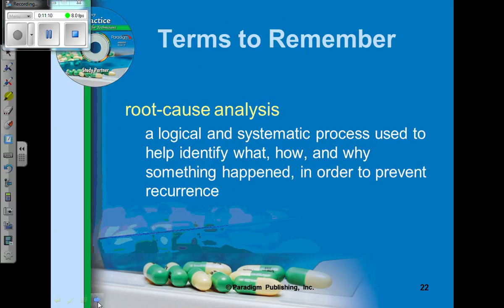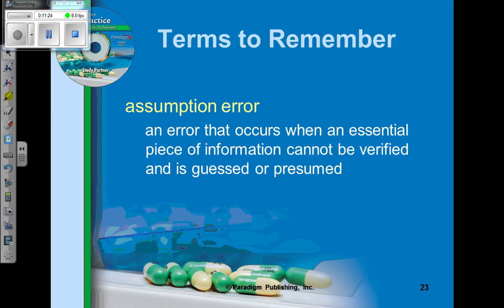Again, here is your definition of the root cause analysis. That is a logical and systematic process used to help identify what, how, and why something happened in order to prevent the recurrence.